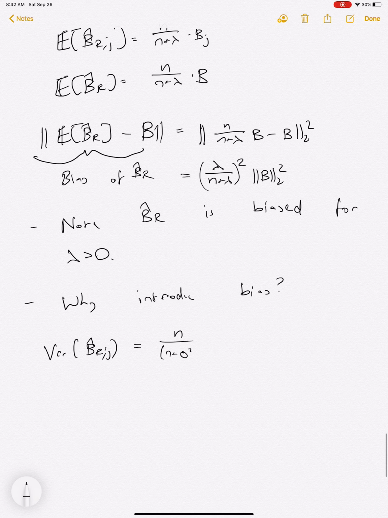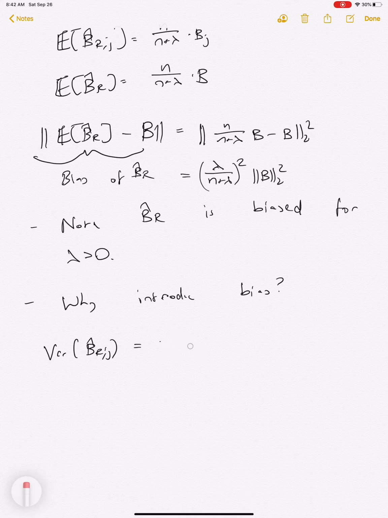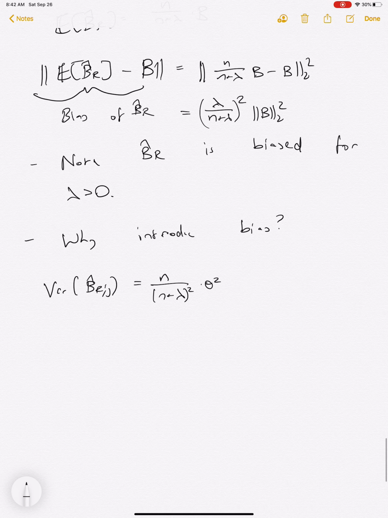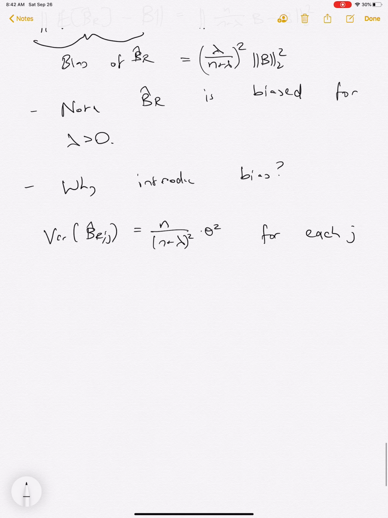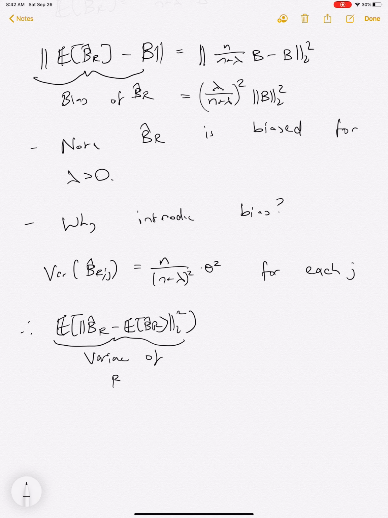And if you add that all up, because they're independent, this is the variance of b hat r.